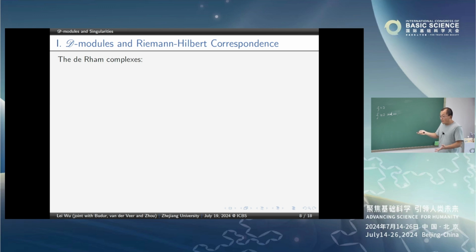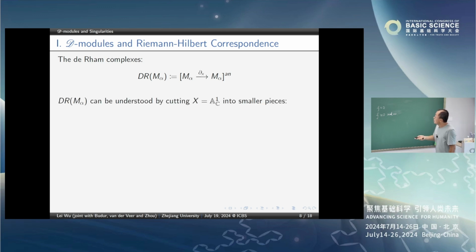Andrew talked about the solution functor, but here we use the de Rham complex, which is just the dual of the solution complex. For this special case, the de Rham complex of M_alpha is exactly this complex, but we have to use the analytic topology.